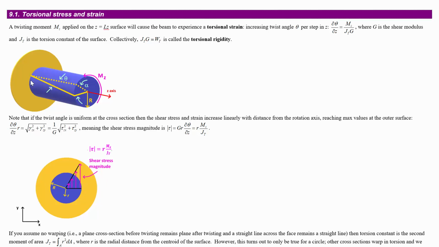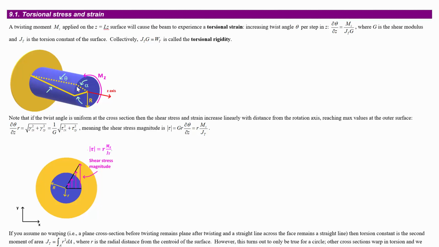Think of it like this. This line here, from one point to the end, after it twists on the outer surface, has to go to a slope that's kind of down like that. It's moved this much, right? The arc length of this thing divided by the original length is going to tell you how much the shear strain was, right?